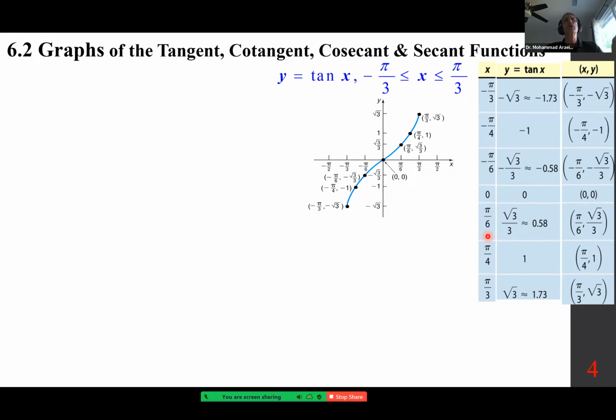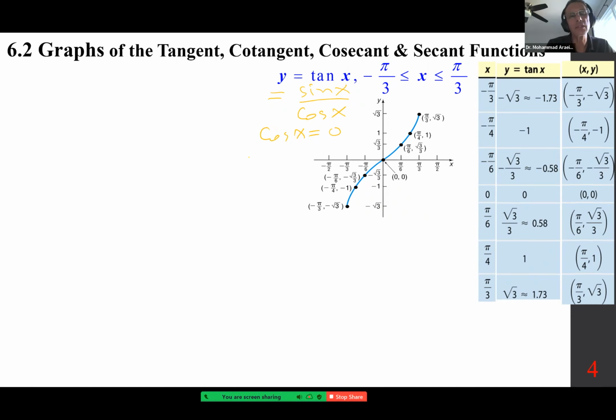What if we use something like pi over 2 or negative pi over 2? Since tangent is sine over cosine, wherever cosine is 0, we get what's called undefined. In essence, we really get VA or vertical asymptotes.